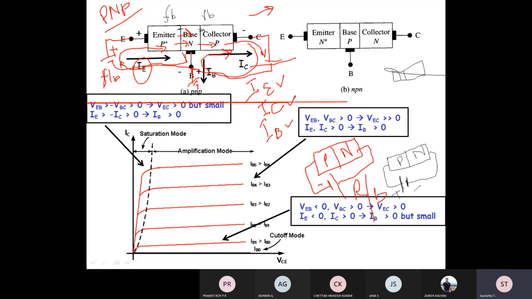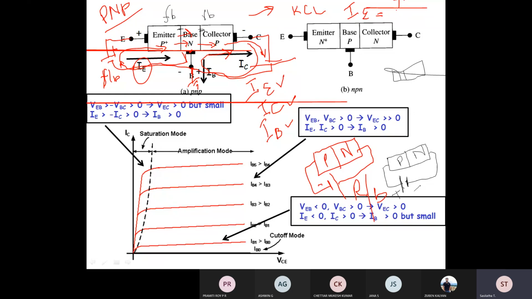Are we using KCL or KVL? Have you heard about KCL? What is KCL? KCL is Kirchhoff's current law. Yeah. So here, the incoming current is equal to the outgoing current. At this point the incoming current is IE and the outgoing currents are IC and IB. So the emitter emits a current, and I can write the equation as emitter current IE is equal to the sum of collector current and base current.